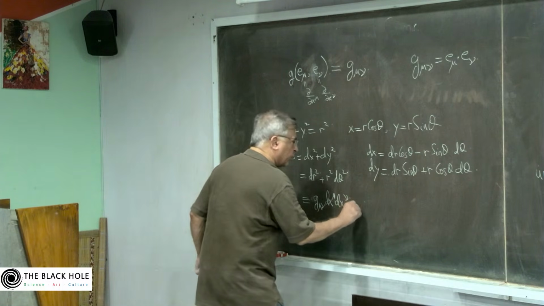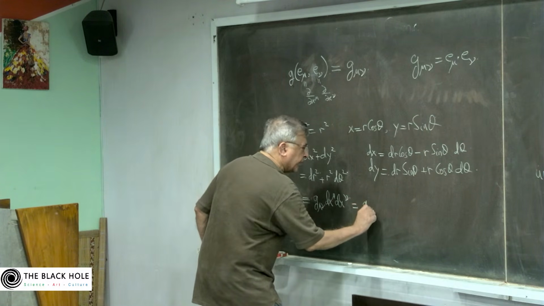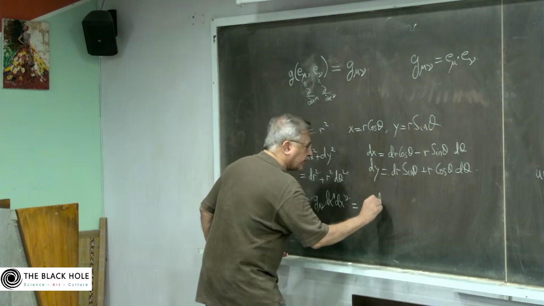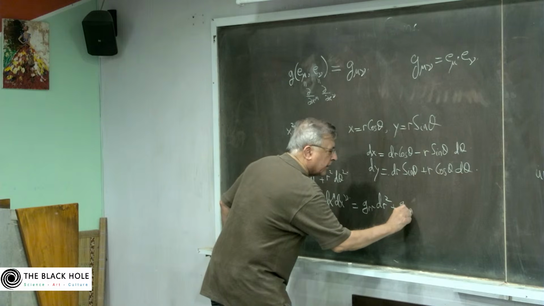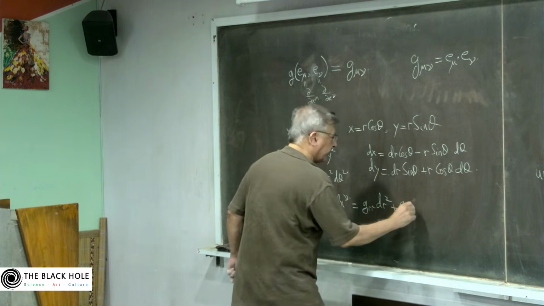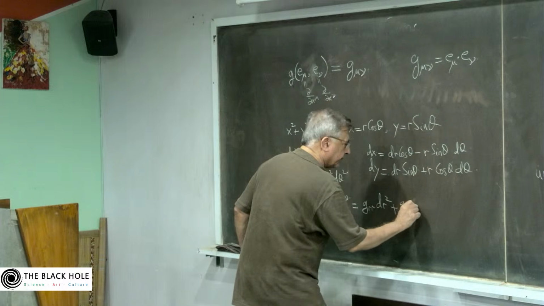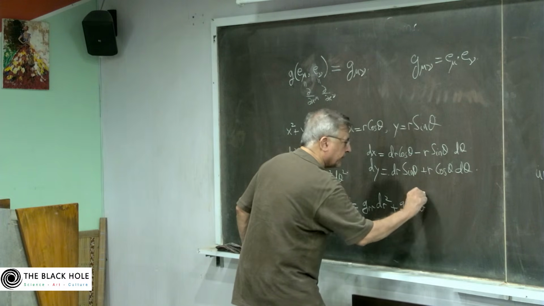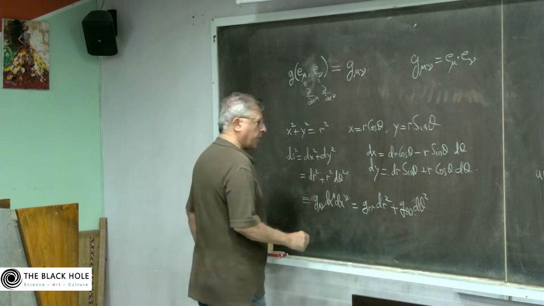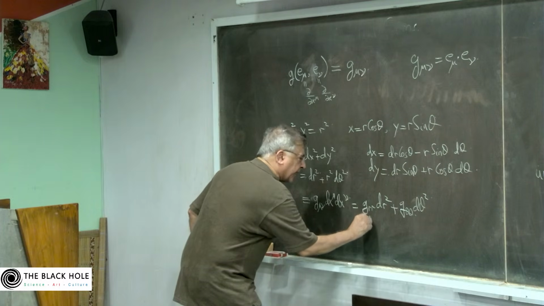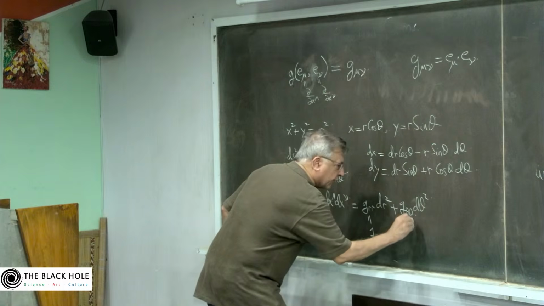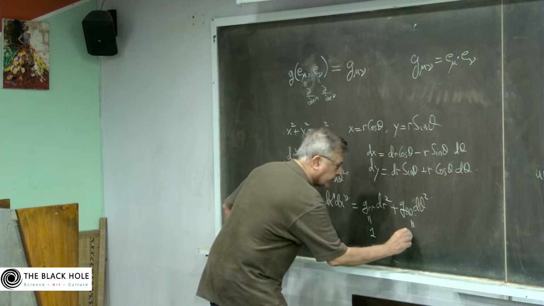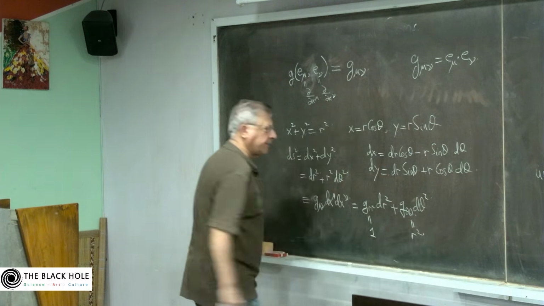Then this is equal to g rr dr squared plus g theta theta d theta squared, and so this thing is equal to 1 and this thing is equal to r squared.